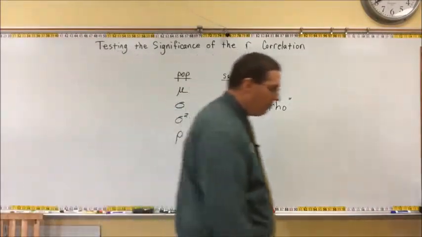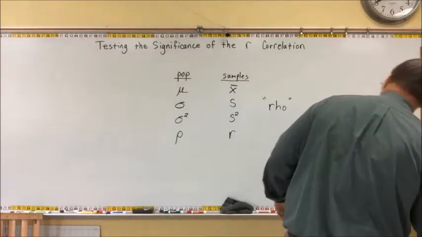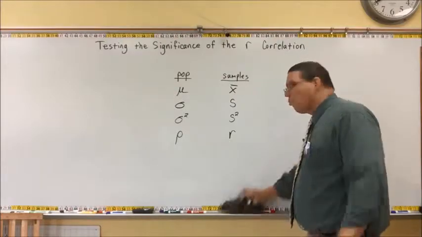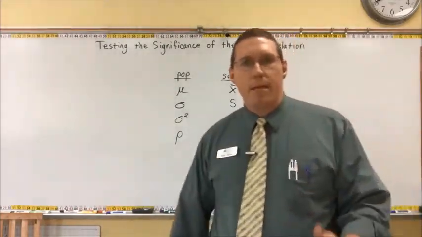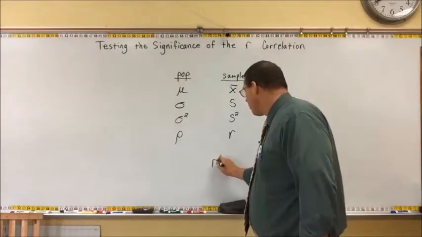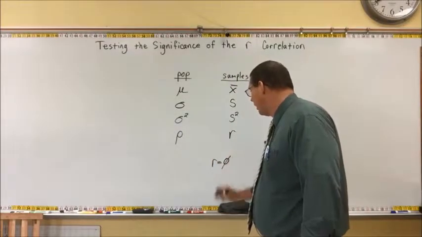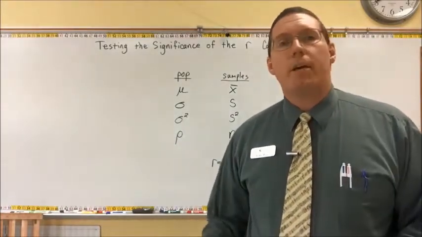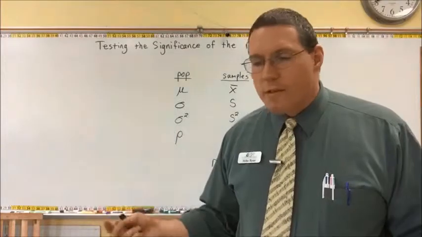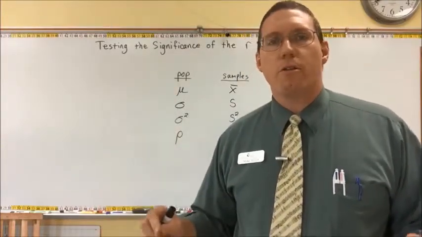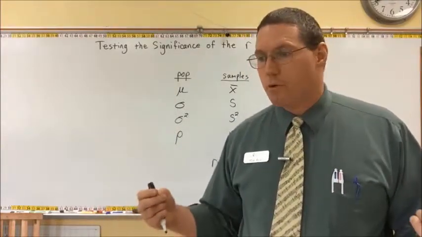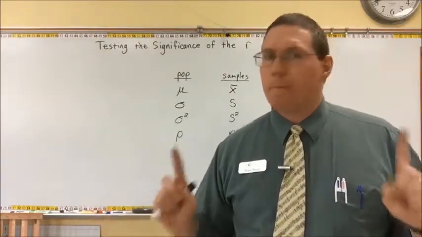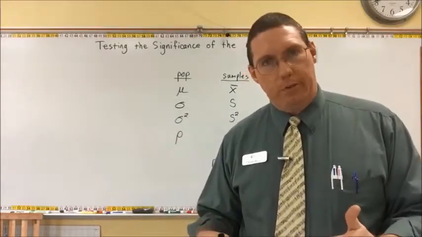Now here's what I want to say: this R, the sample correlation, will rarely ever actually be 0. So we hardly ever see a situation where we do a correlation and get a correlation between two variables that's equal to 0, because in the real world, there's always some kind of error. There's always some sort of happenstance or accident that causes two variables to appear as though they are correlated to each other.